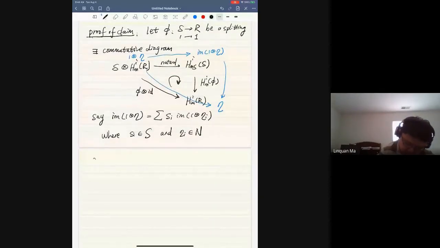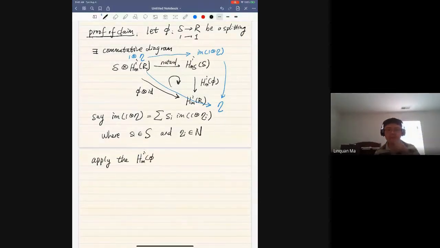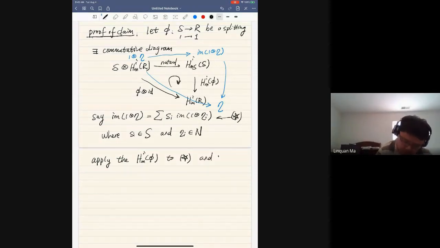But now just apply H^d_m of phi to this, and use the commutative diagram.